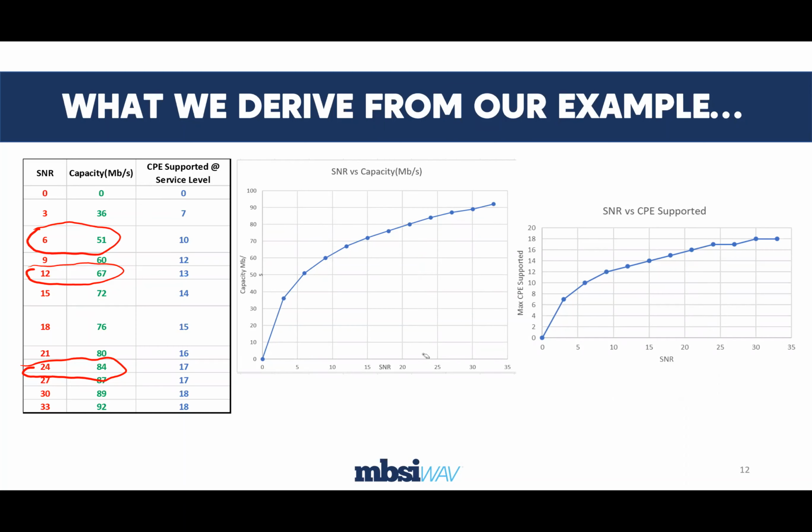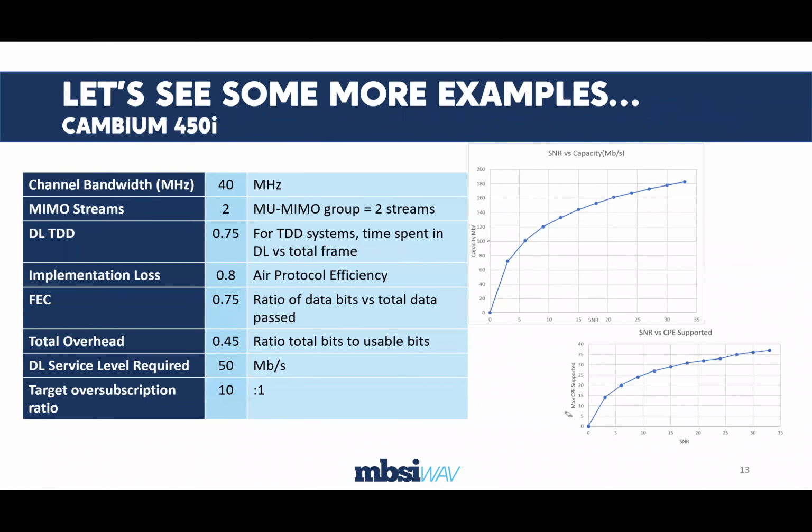So I know the parameters that I need to stay in, and so let's look at a few examples of actual systems here. Okay, so let's take a 450i for example. We're going to use a 40 megahertz channel, and it's two group MIMO, of course, and we're going to use some of the same efficiency numbers, so we end up at the same relative efficiency, our 50 megabits and 10 to 1.